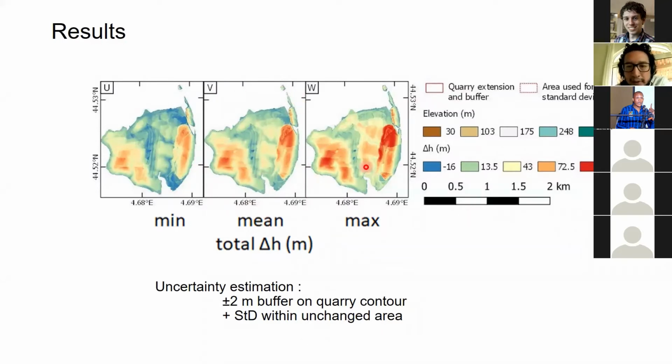Here on the right is his maximum upper bound accounting for uncertainties, and the lower bound on the left. And how he computed the uncertainties is, he added two effects. One is an uncertainty on the boundary of the quarry. So he added an uncertainty of plus or minus 2 meters.